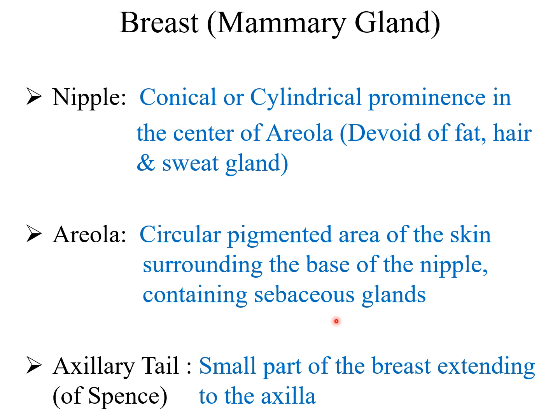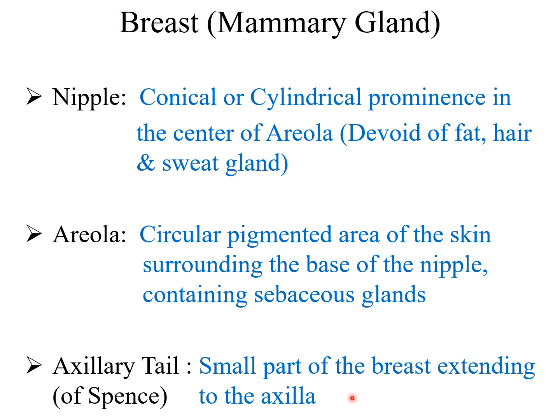So it is a dark pigmented area around the base of the nipple containing sebaceous glands, as well as sweat glands. And the third structure, which is part of the breast, is a very small part of the breast which extends to the superficial part of the axilla, and it extends from the most upper outer quadrant, which we will show in a minute.